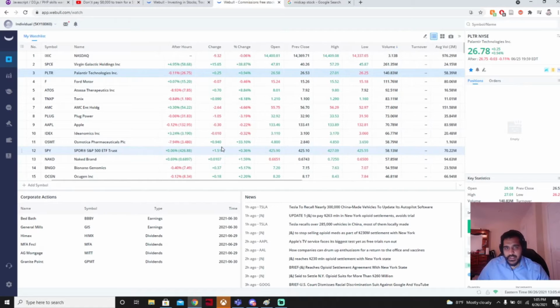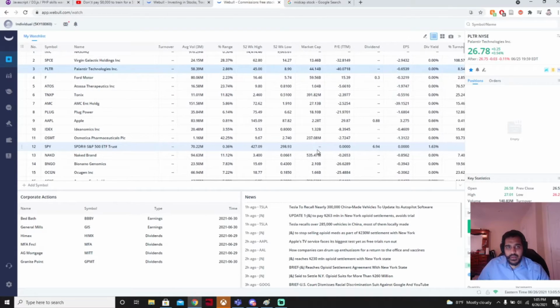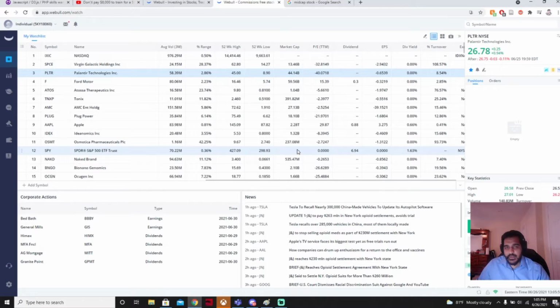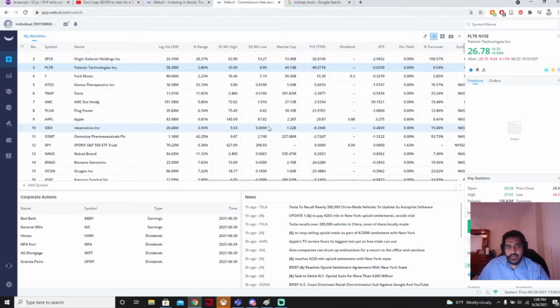My suggestion here is make sure that you check the market cap and keep it hopefully above $1 billion, so you're trading mid caps and you're not trading something way too risky.